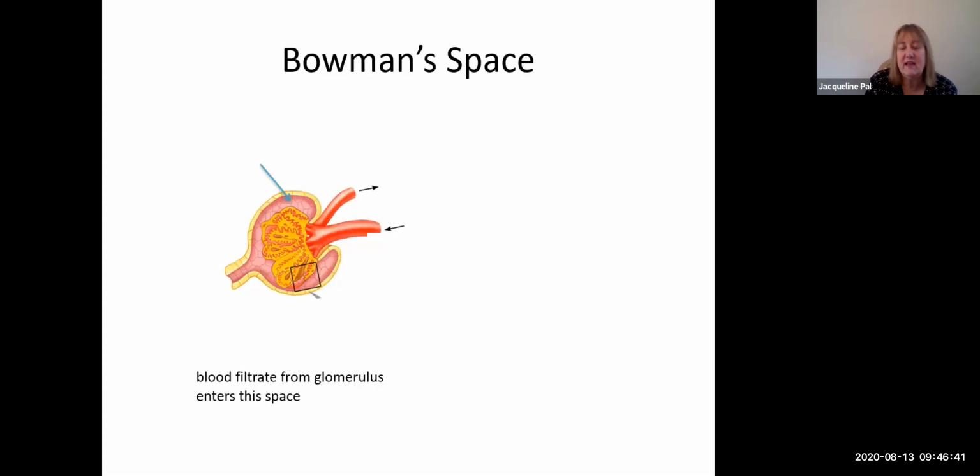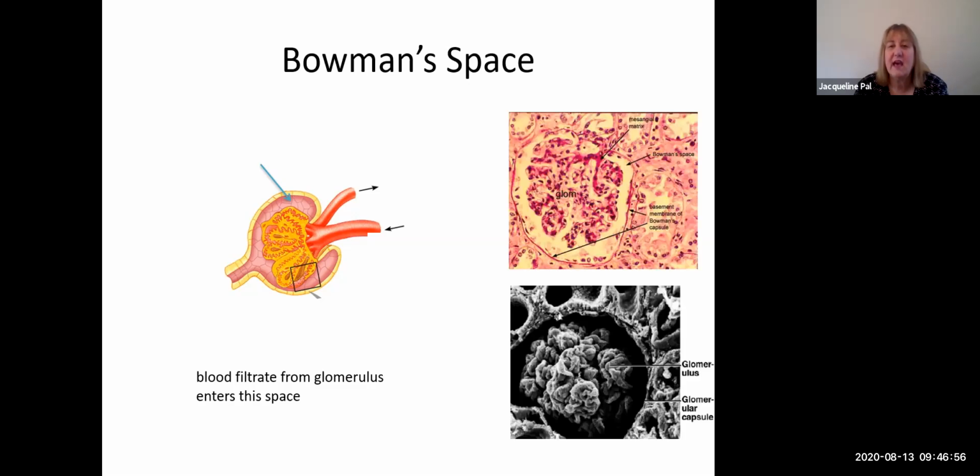Between the glomerulus and Bowman's capsule, there is a space called Bowman's space, and the filtrate from the blood in the glomerulus enters this space. Looking at the light microscope photograph, the upper pink one, you can see it's actually quite a significant space. The same thing is demonstrated with the scanning electron microscope picture below it.